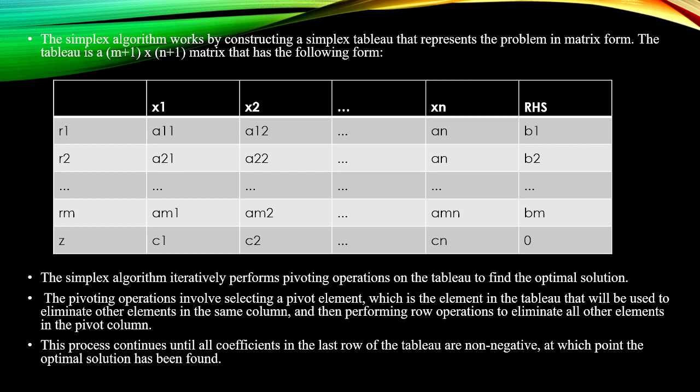The pivoting operation involves selecting a pivot element, which is the element in the tableau that will be used to eliminate other elements in the same column, and then performing row operations to eliminate all other elements in the pivot column. This process is continued until all coefficients in the last row of the tableau are non-negative, at which point the optimal solution has been found.